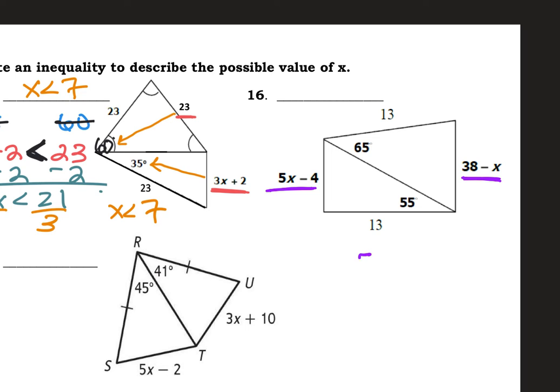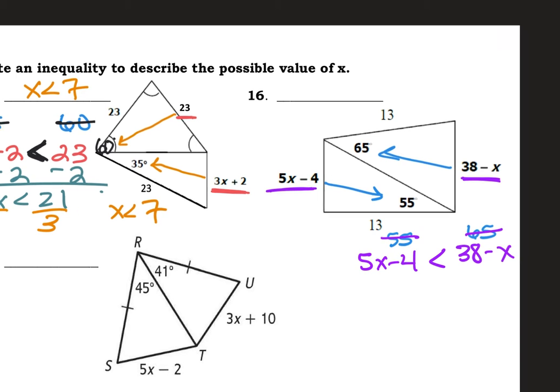All right, so let's write down the expressions first, and then we'll look at the opposite angles. What was opposite of 5x minus 4? 55. What was opposite of 38 minus x? 65. And then we decide what direction it's going to open. To the 65. Good. And we're done with the blue numbers.